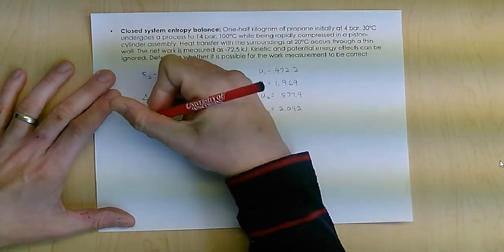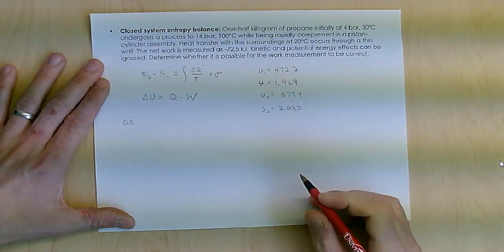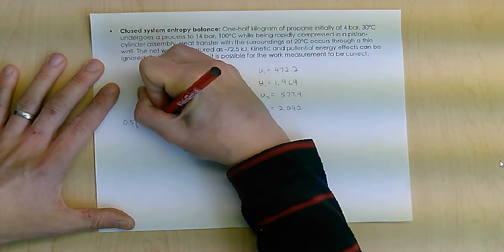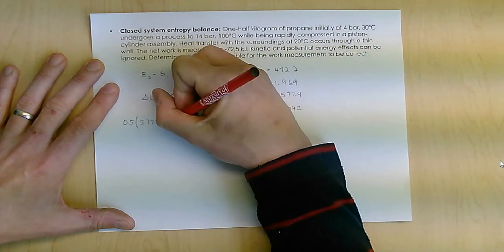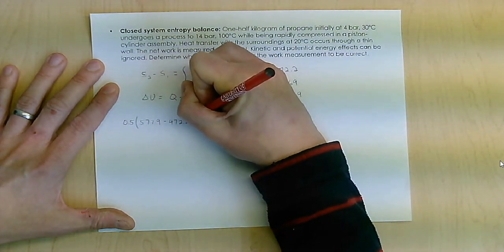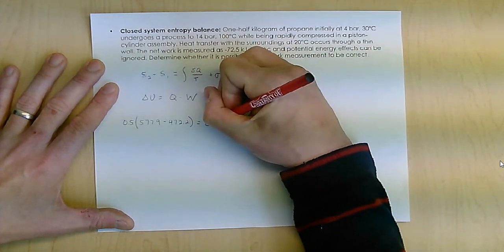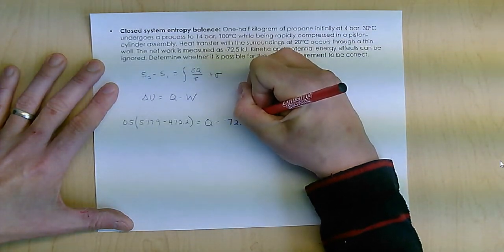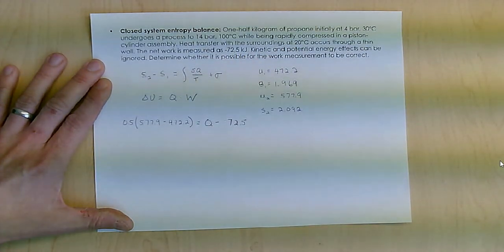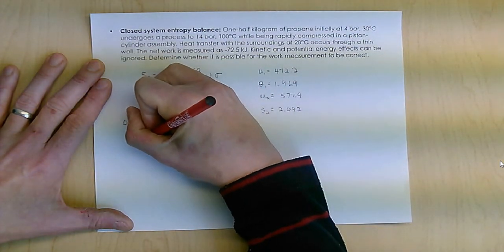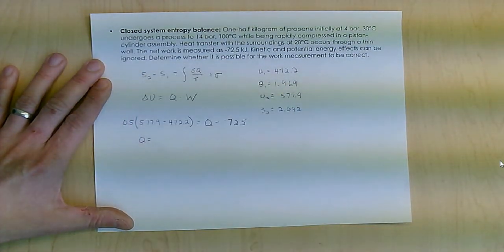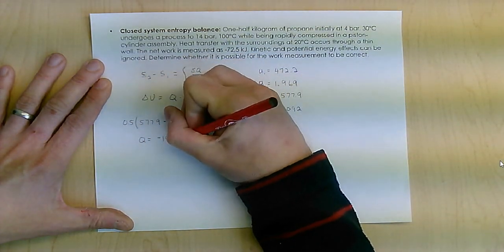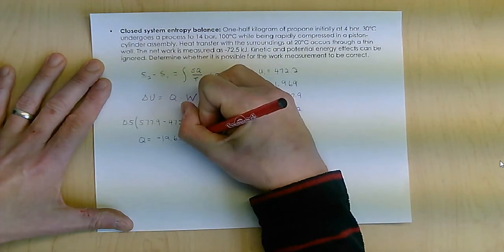I plug in 0.5 kilograms times U2 minus U1, so that's 577.9 minus 472.2 equals Q, which is what I'm looking for, minus the negative 72.5 kilojoules. That is my work. From this, I can calculate that the heat transfer is negative 19.65 kilojoules.